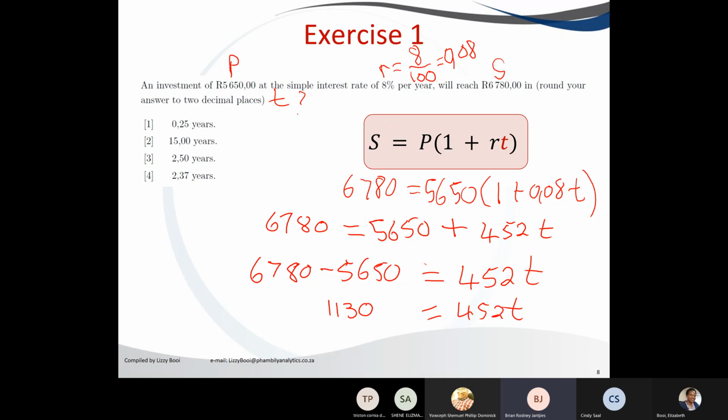To eliminate the 452, I divide by 452, and what I do on the right hand side, I do on the left hand side. Yes. It leaves me with T, and then it leaves me with 2.5.